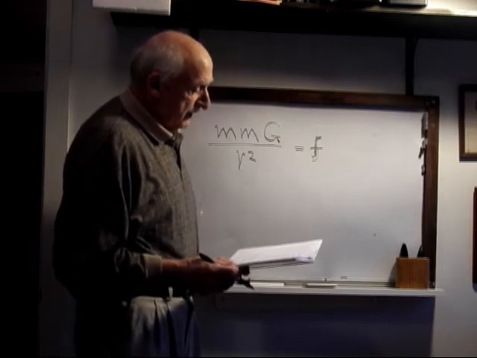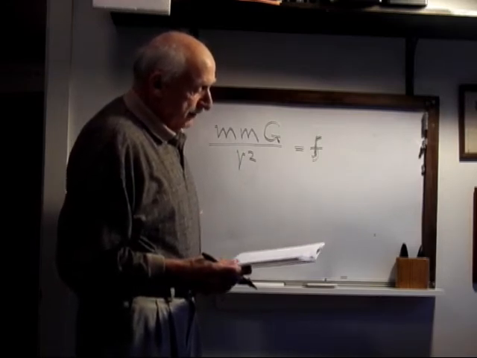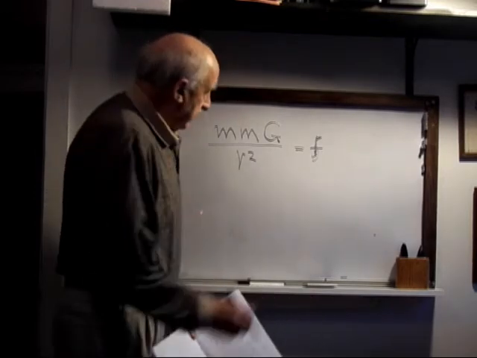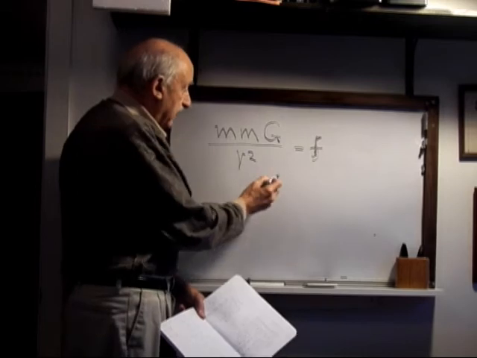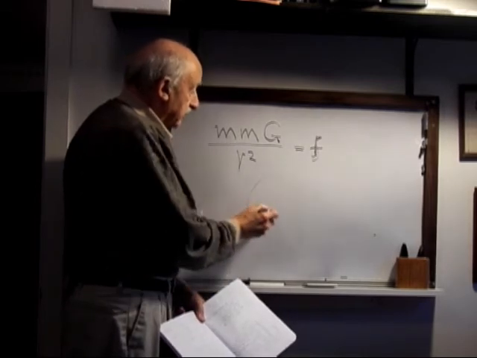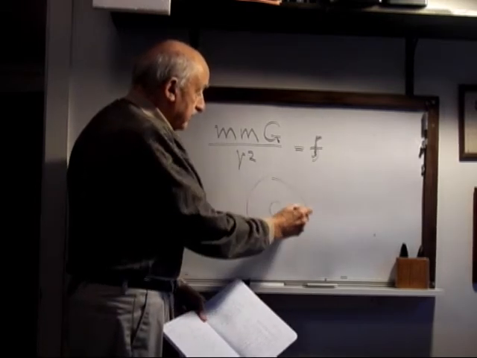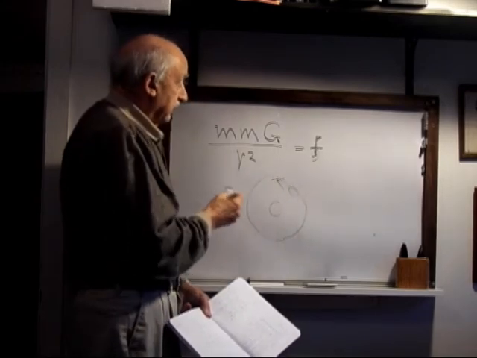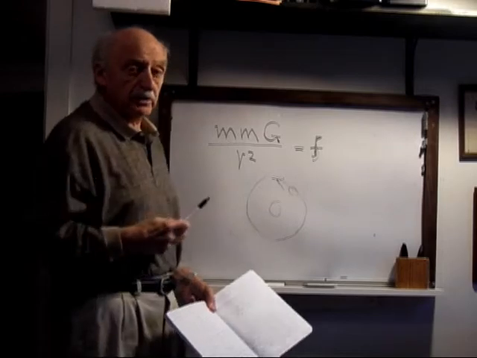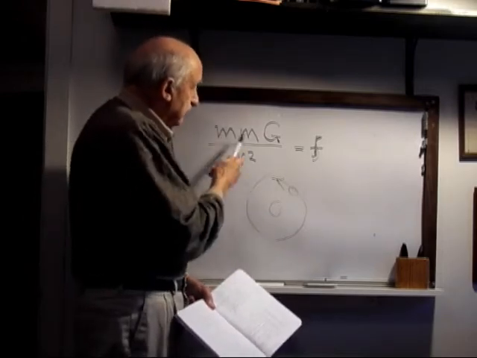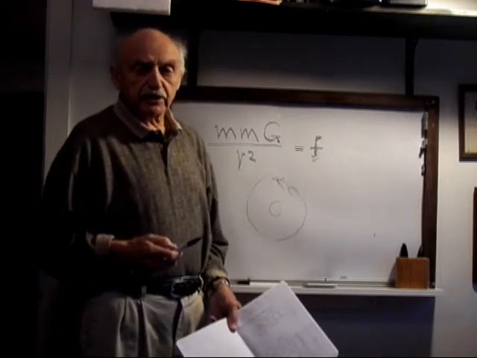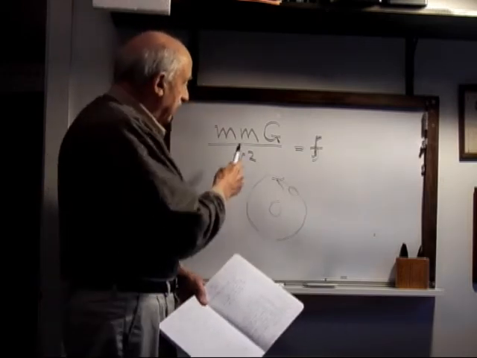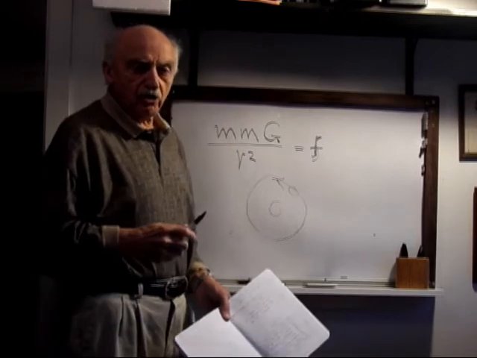I'm going to start by applying it to a circular orbit, where in the case of, for example, the Earth and the Moon, the Earth at the center, the Moon orbiting the Earth, the mass of the Earth and the mass of the Moon multiplied together gives you what amounts to a multiplication factor to tell you how much the strength of gravity is. Mass does not actually cause gravity.